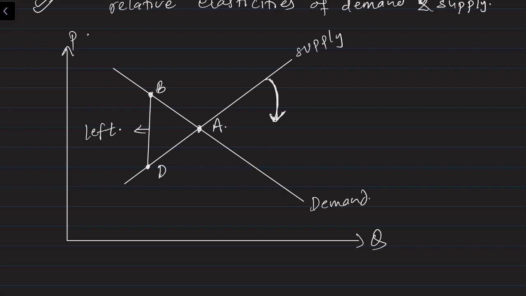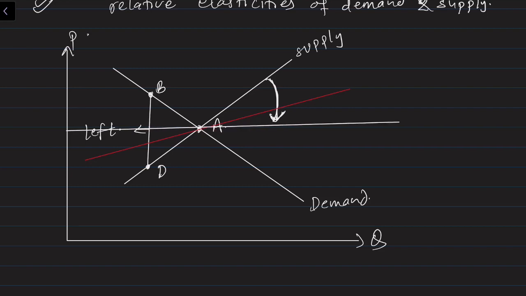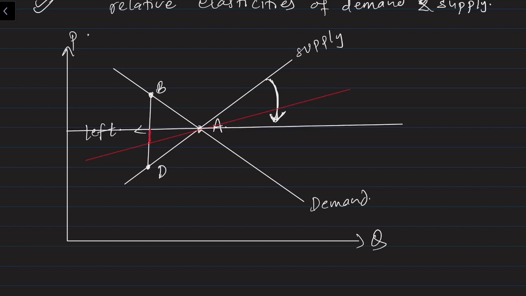So in this case, let's say the supply curve has rotated to this point. Now you can see that this is the amount of tax burden on supplier. Initially it was the whole segment, but now the tax burden is only the length of this segment.